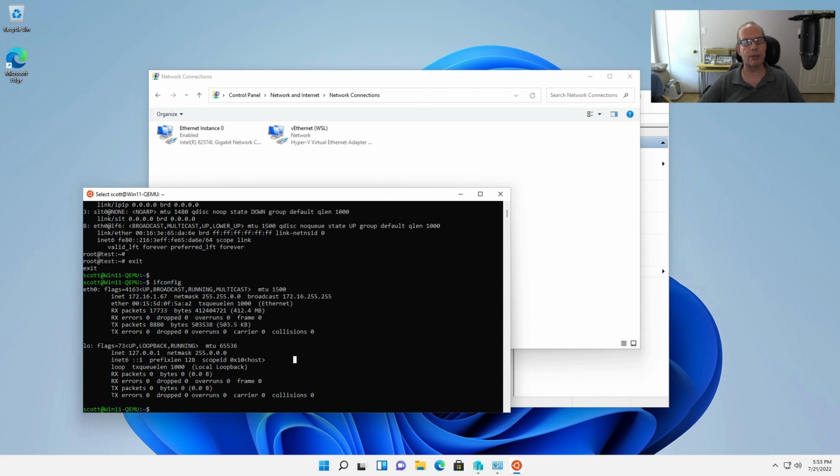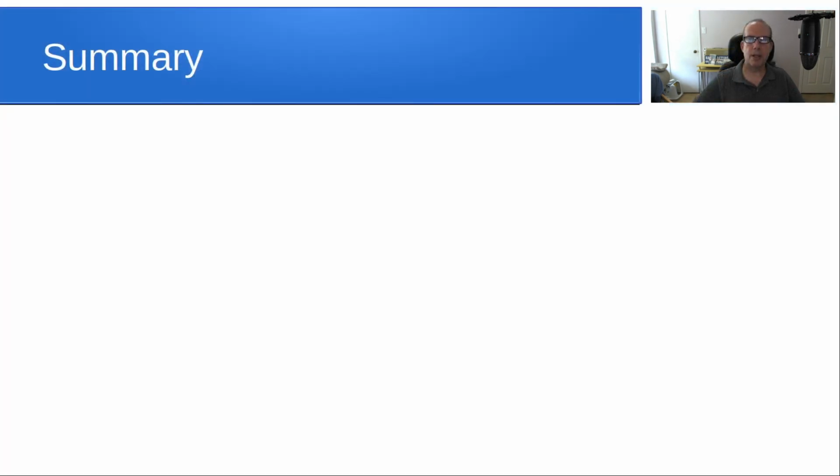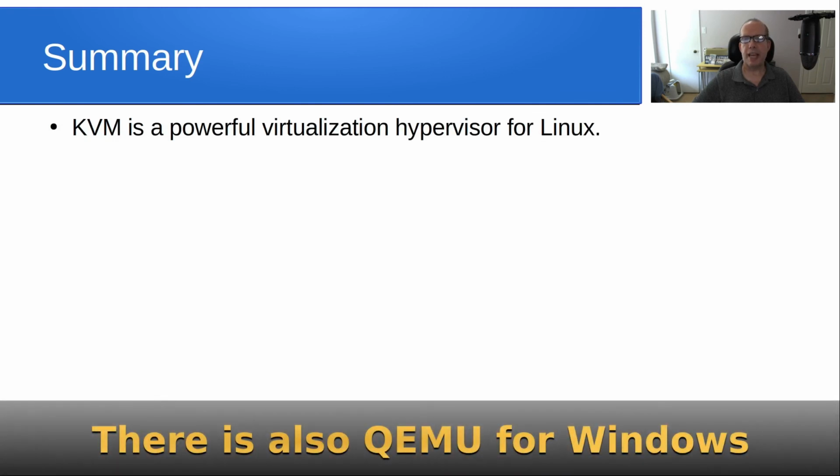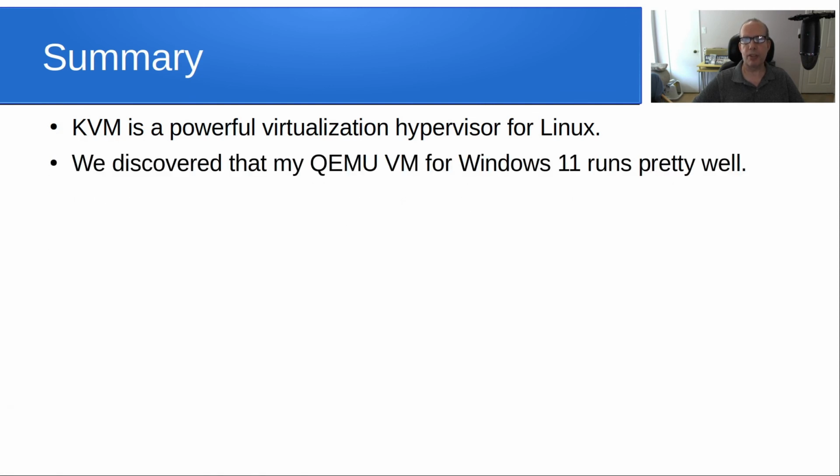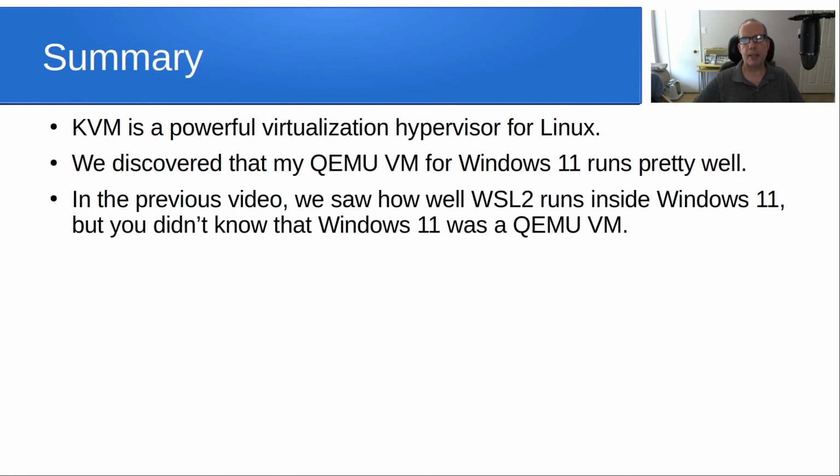So in summary, KVM is a powerful virtualization hypervisor for Linux. We discovered that my QEMU VM for Windows 11 actually runs pretty well. And in the previous video, we saw how well WSL2 runs inside of Windows 11, but at that time you didn't know that Windows 11 was a QEMU VM.